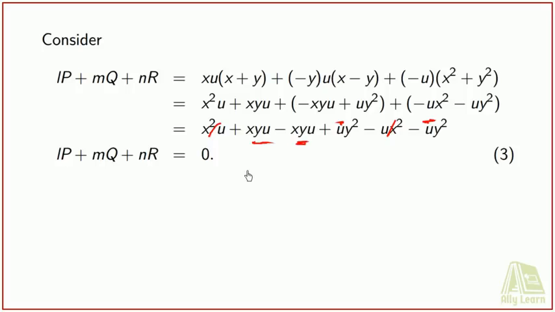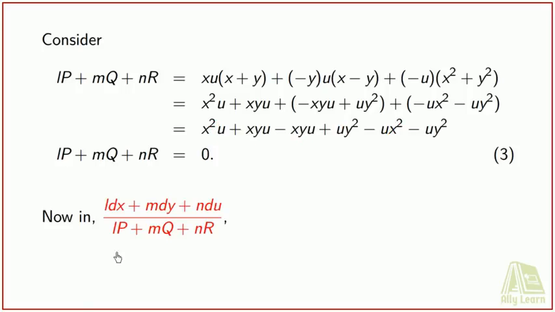Now consider this ratio (l dx plus m dy plus n du) over (lP plus mQ plus nR). Now you know that this denominator we are getting to be 0. So the denominator equals 0 implies the numerator has to be 0. So what we get? This numerator equals 0. So we get this expression to be 0.